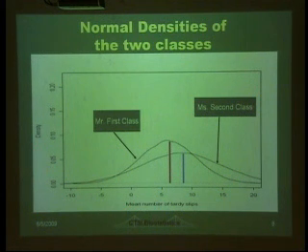If we use these two parameters, just mean and standard deviation, we can approximately describe how our data are distributed within the two classes. And here I'll give you an example of how our data would look if we used only those two parameters, only means and standard deviations. Okay?